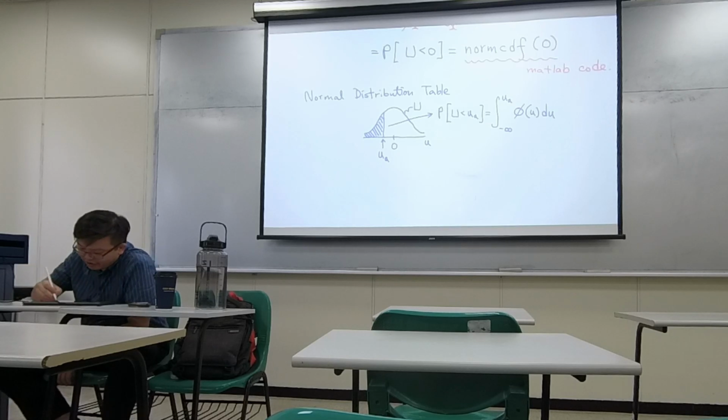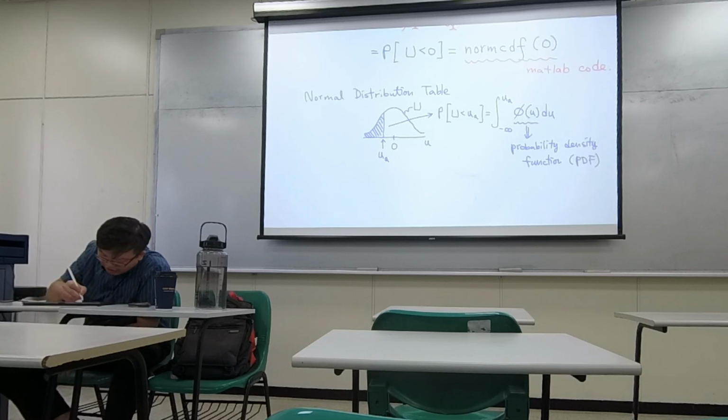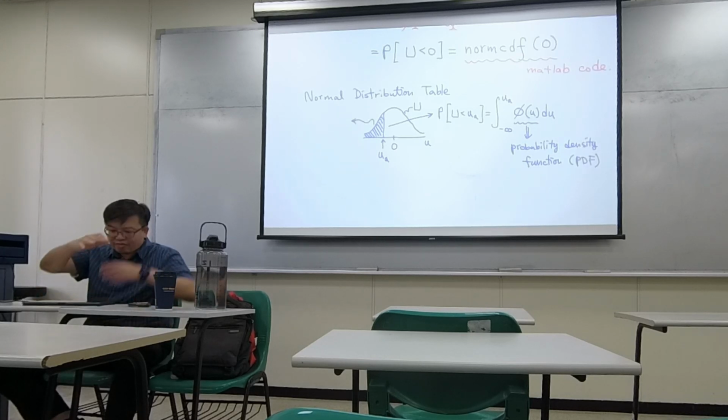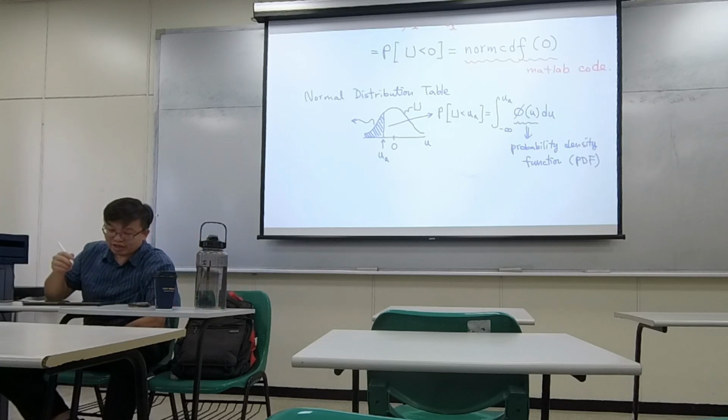So basically, this is called the probability density function, the PDF. If you want to describe this dome shape mathematically, this is the PDF.